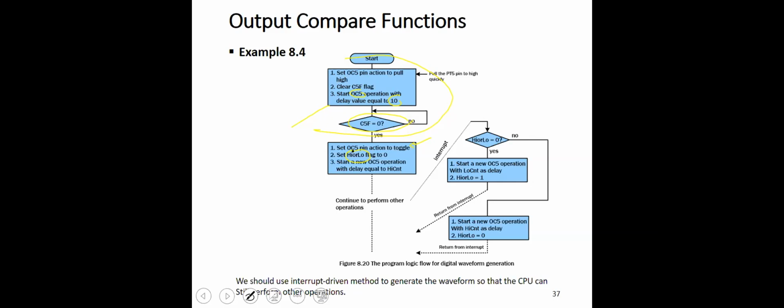Initially we set this to 0. 0 implies it is in the low count, so we should add 2100. Start a new output compare operation with delay equal to the high count.